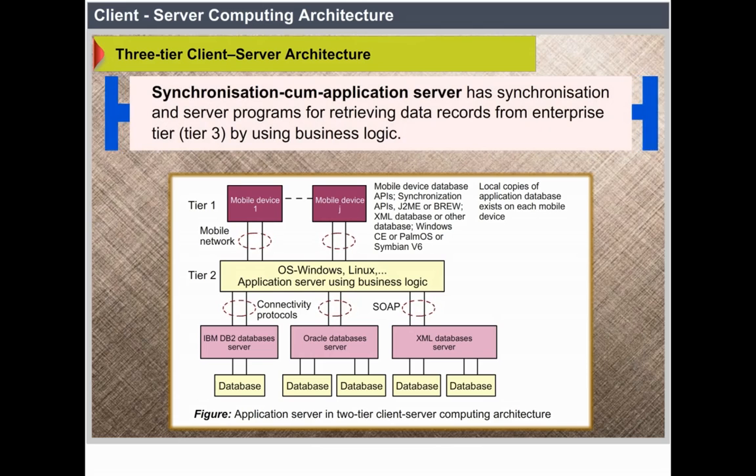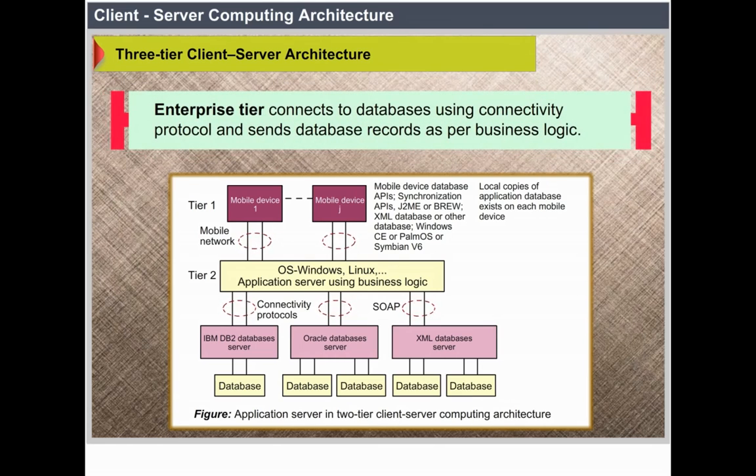The synchronization application server has synchronization and server programs for retrieving data records from enterprise Tier 3 using business logic. The enterprise tier connects to a database using a connectivity protocol and sends database records as per business logic.